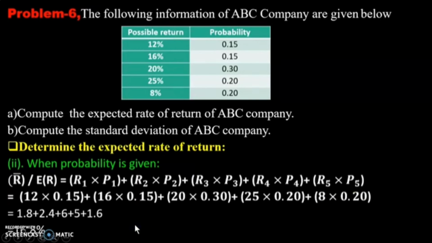After calculation we find 16.8%. This is the expected rate of return of ABC company.